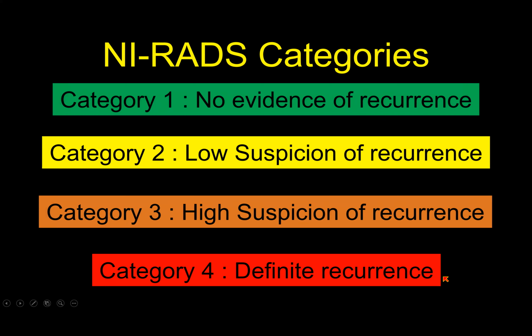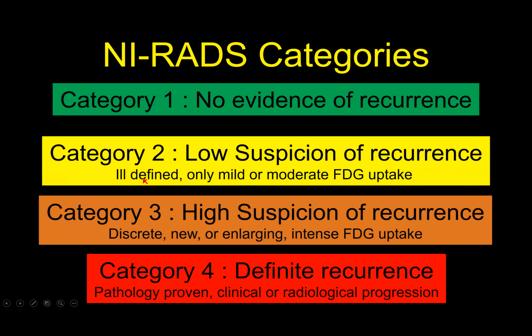So specifically on imaging, if you have a nuke study, low suspicion, we have kind of ill-defined soft tissue with mild to moderate FDG uptake. High suspicion, there's discrete new or enlarging soft tissue with intense FDG uptake. And category 4, definite recurrence, either pathology, clinical, or radiologically definite progression of disease.